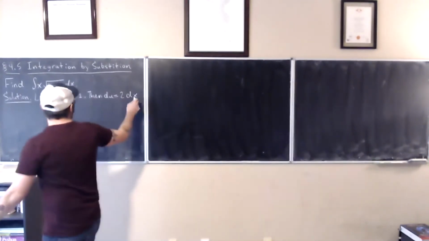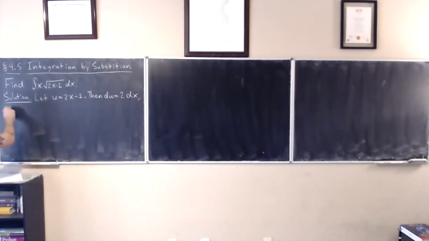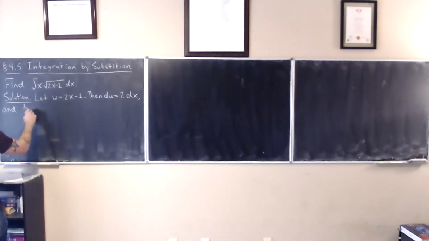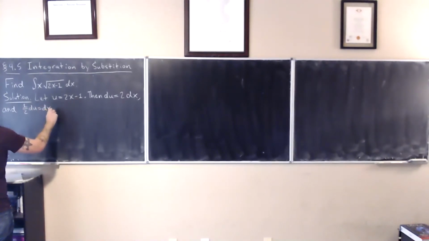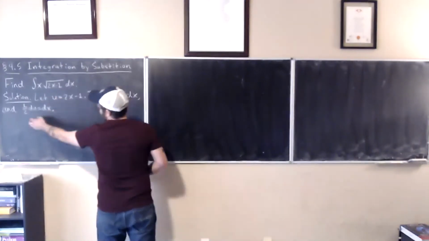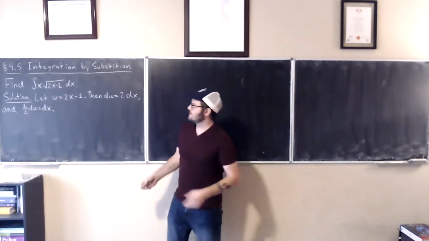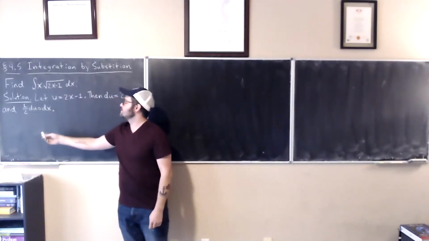So then what I can do is say that, well, 1/2 of du is equal to dx. And now I see that dx is really 1/2 of du, so then I can get rid of that dx and replace it with 1/2 of du.